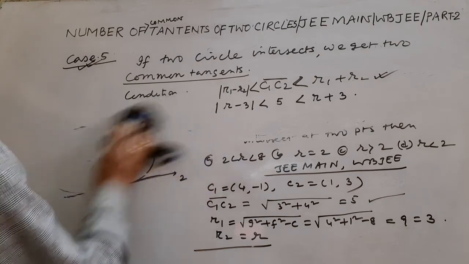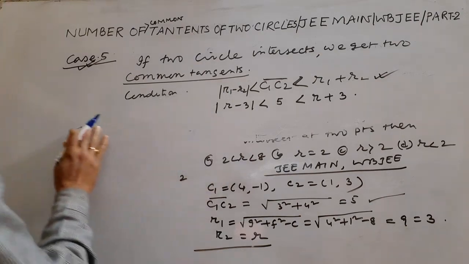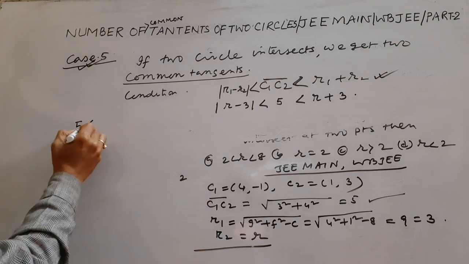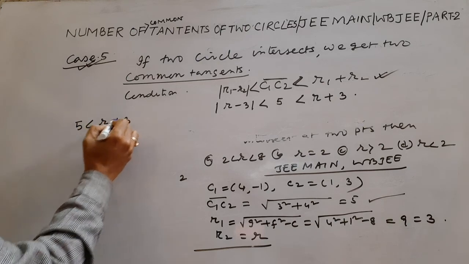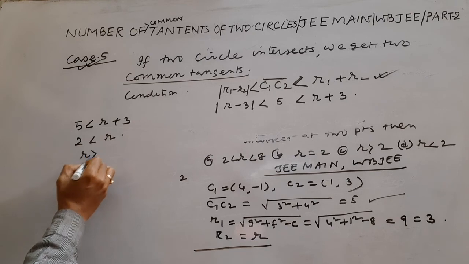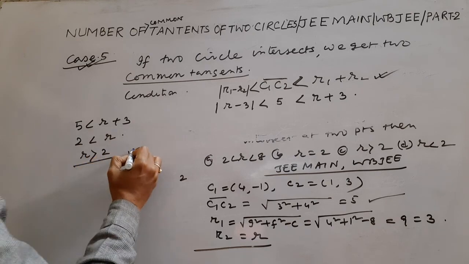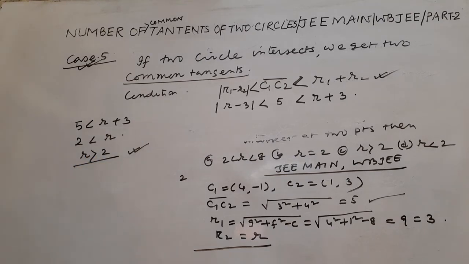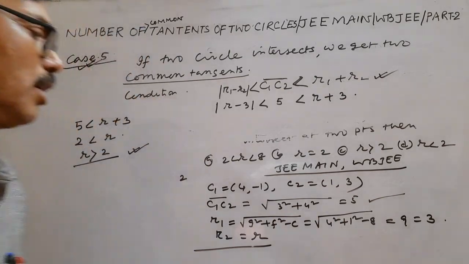So now, 5 less than r plus 3. So 2 less than r, that is r greater than 2. R greater than 2, we are getting one part.